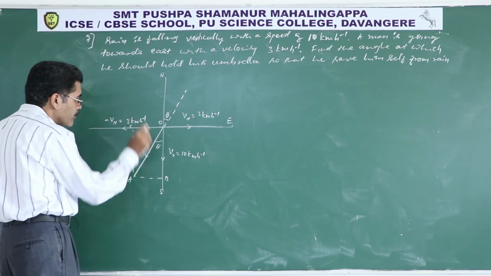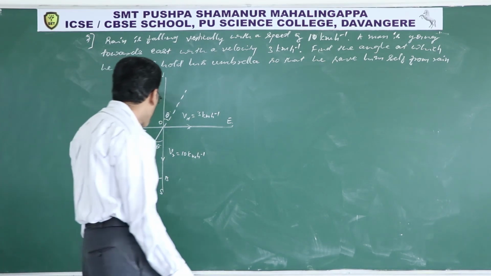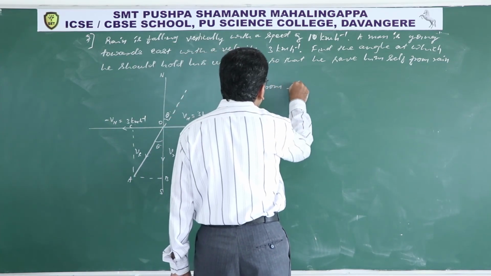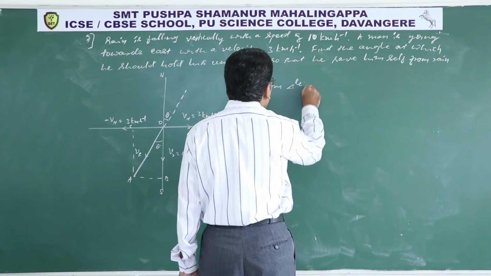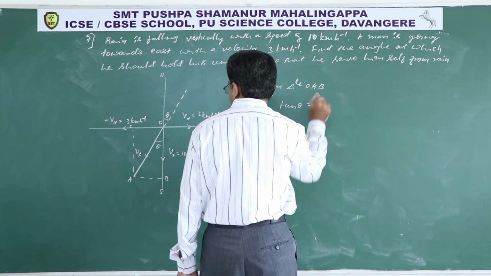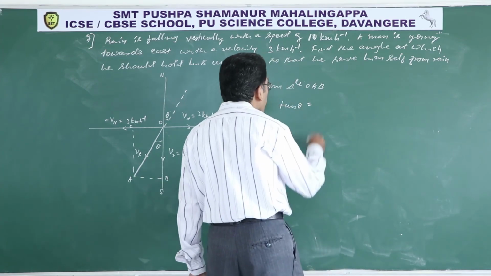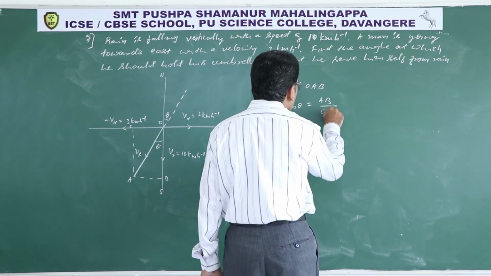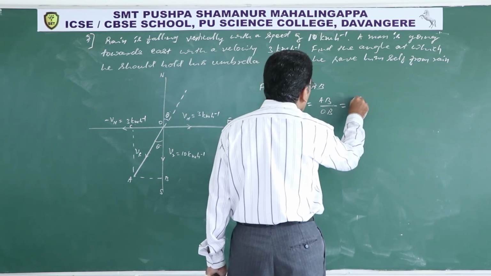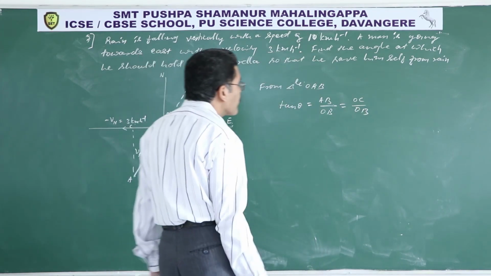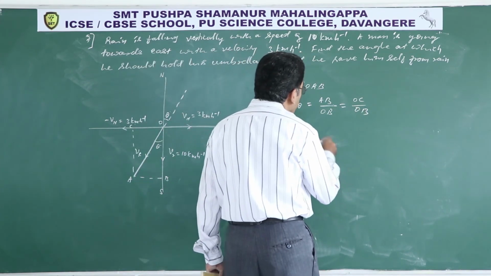This is C. Now tan theta is equal to, from right angle triangle OAB, AB by OB. AB is OC, so OC by OB. OC is 3, and OB is 10.